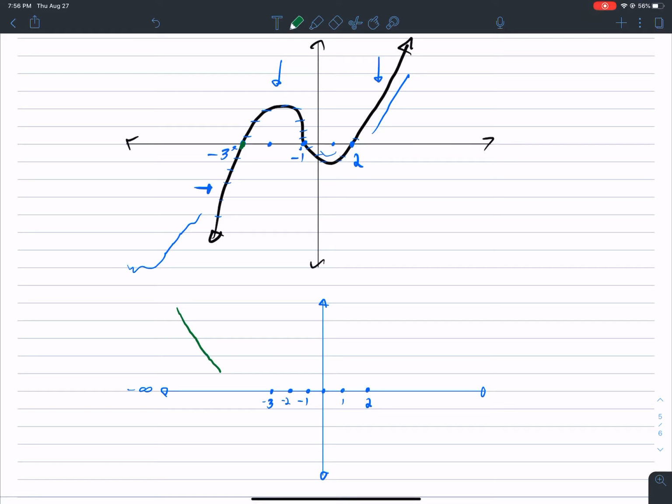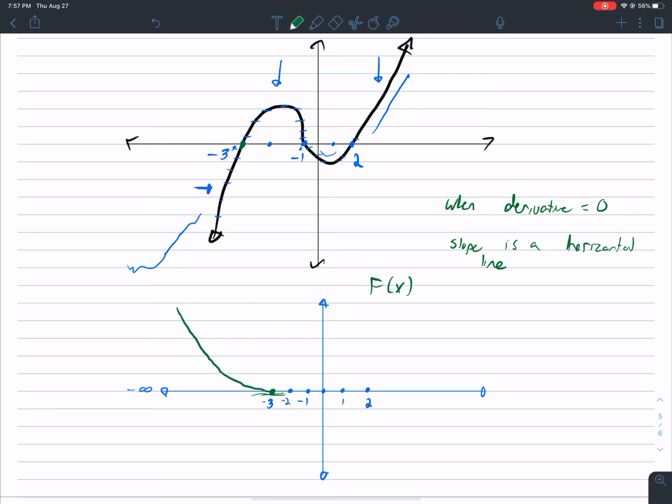So that means it's going to change. It's going to go up. It's going to flatten out, because when the derivative equals 0, then the slope is a horizontal line. So slope right here, I'm drawing f of x.